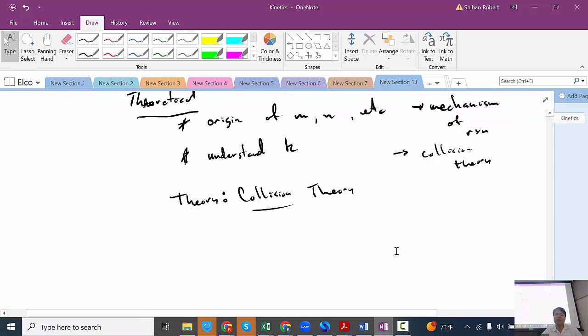So the hypothesis goes like this. When we have a chemical reaction, the things have to collide. So for example, if you have a solid plus solid, it's kind of slow. Solid plus solid reaction is very slow.